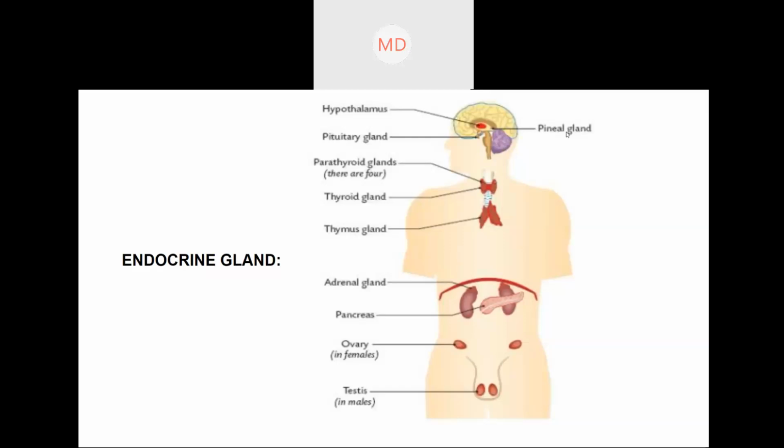So this melatonin hormone is responsible for skin pigmentation. Pigmentation means skin color. The more melatonin is produced, the more melanin pigment is produced, and the darker your skin will be. The less it produces, the fairer, the lighter your skin will be. That is one important function.